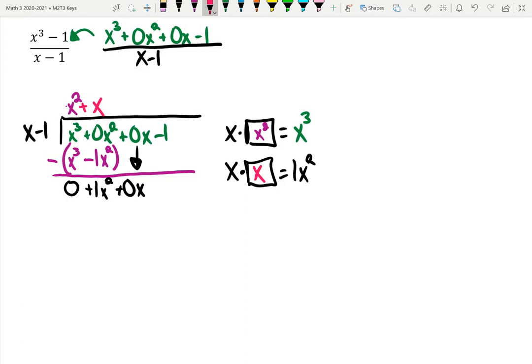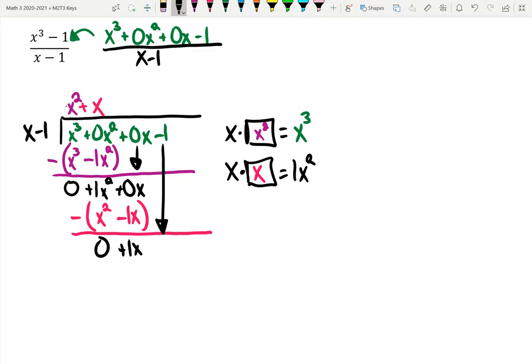So, again, I distribute it to both parts. X times x is going to result in x squared. X times negative 1 is negative 1x. I remember it's long division, so I always subtract. This is going to result in 0, a sign that I'm doing it right. A negative times a negative is going to be a positive 1x.